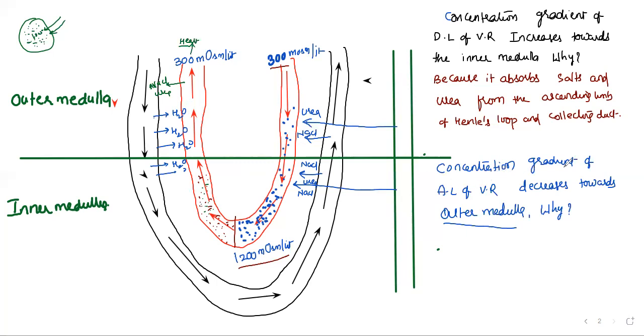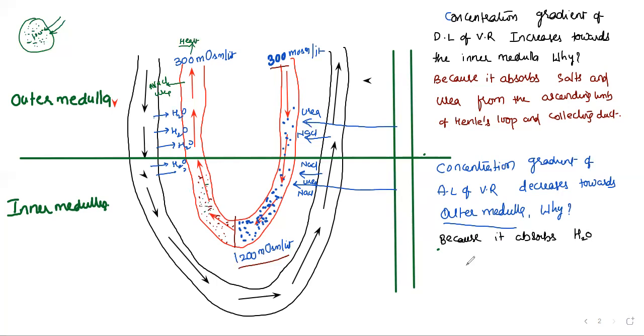So for what reason does the concentration gradient of the ascending limb of vasa recta decrease towards the outer medulla? What do we need to say here? Because it absorbs water.